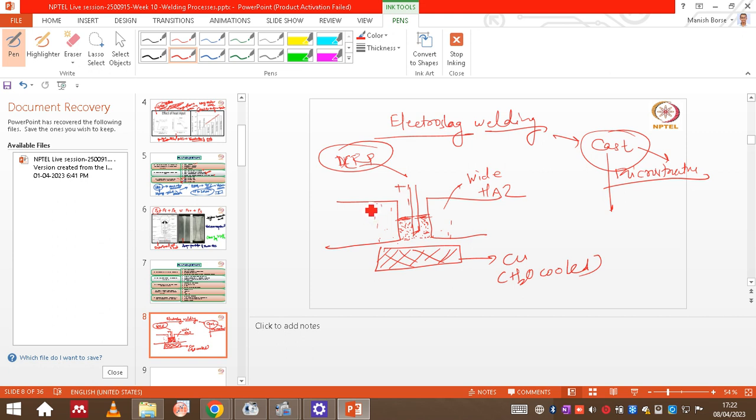Again, what I just said is that the arc is struck between the workpiece and filler material at the start only, and the main process will be carried out through the electrical resistance of the molten flux.